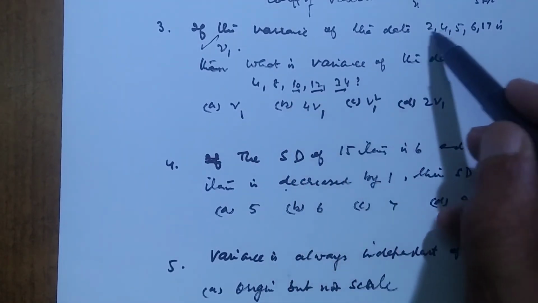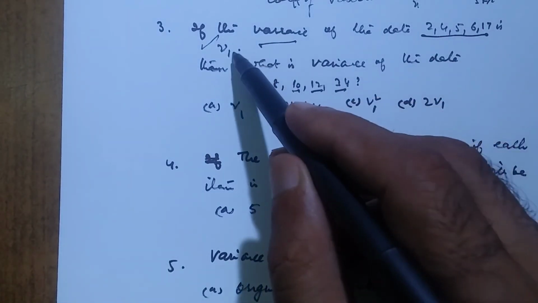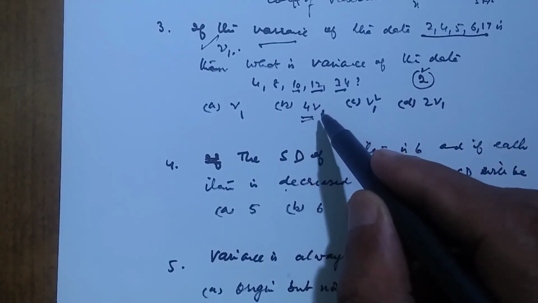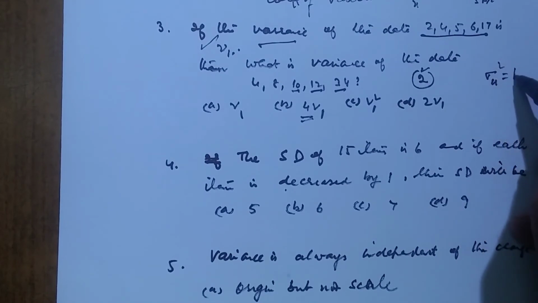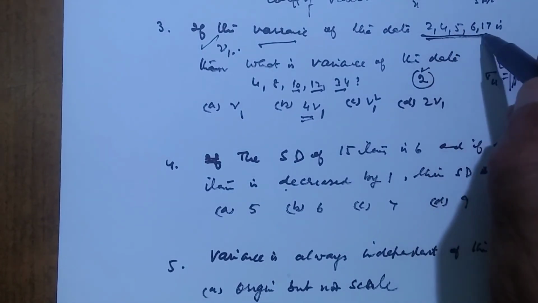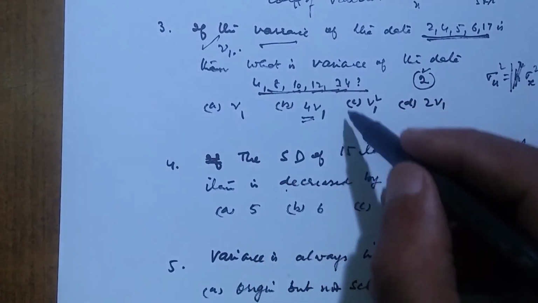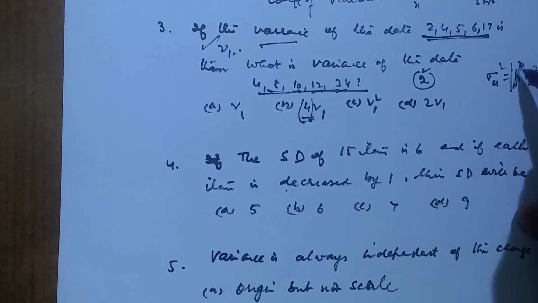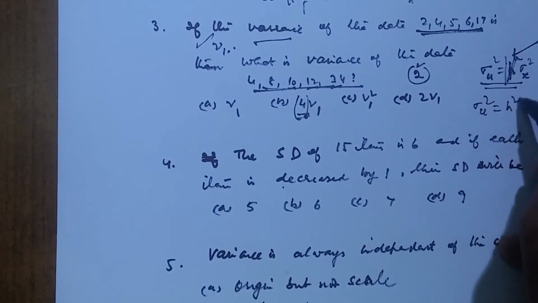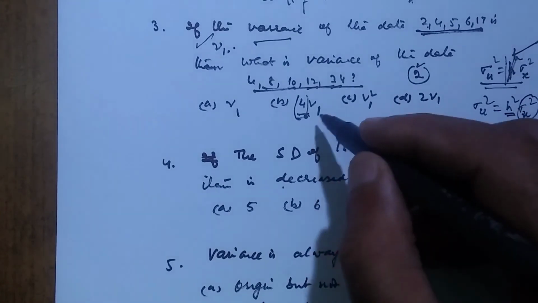Therefore, the variance will be the square of that multiplier: 2 square, that is 4, into the variance of the original. The variance of the new variable is equal to h square times the variance of the other one. If the earlier variable is x and it is multiplied by h, the variance is multiplied by the square of h. Here h is equal to 2, and the earlier variance is V1. Therefore, the answer is this.